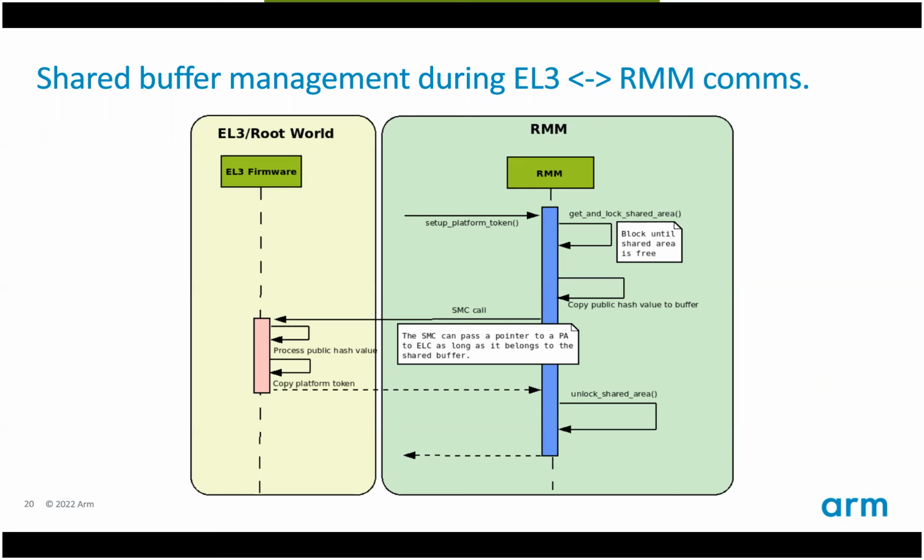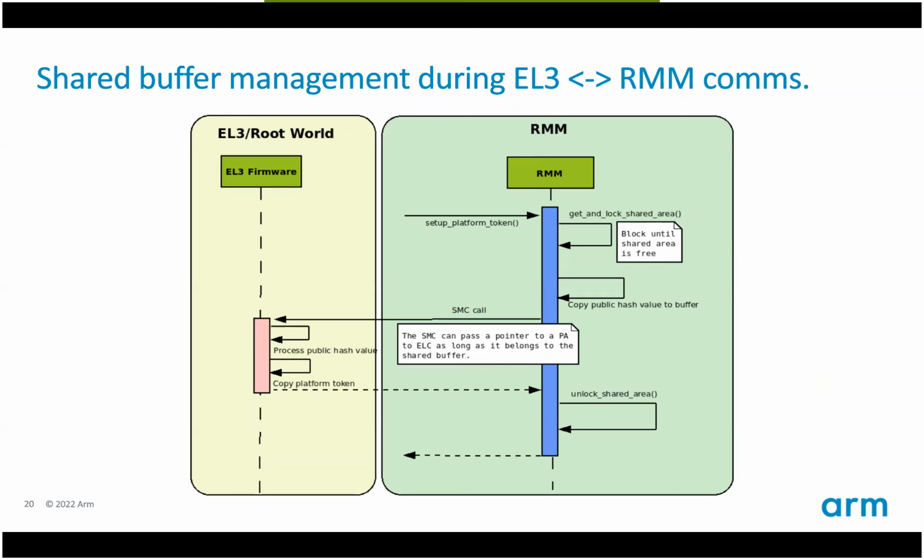When called to get the shared area, it will be blocked. It will block the shared buffer until it's not needed anymore. Then the call will copy any public data or any information that needs to be passed to EL3.